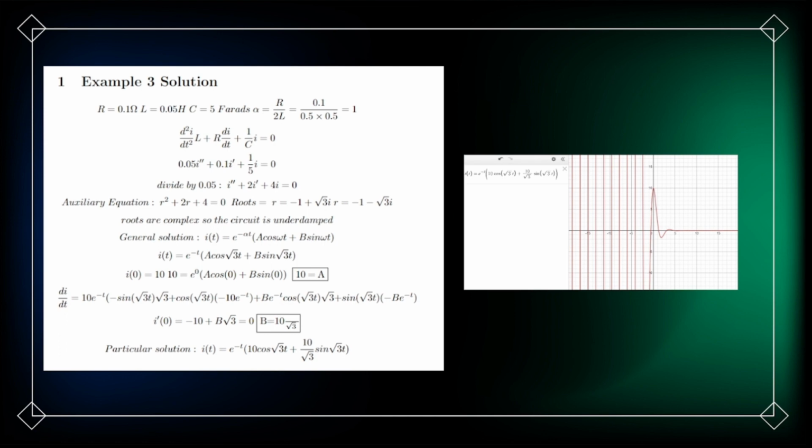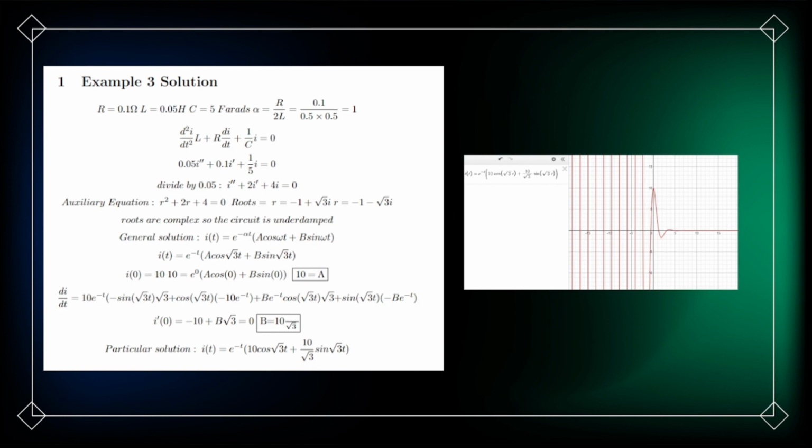In order to find b, we need to take the derivative of I of t, which is a really long and ugly derivative: di over dt is equal to 10 e to the negative t times (negative square root of 3 sine square root of 3 t plus square root of 3 cosine square root of 3 t) minus 10 e to the negative t, plus the corresponding terms with b.